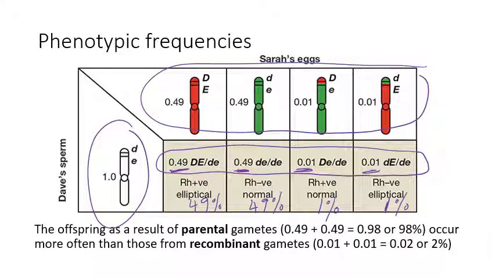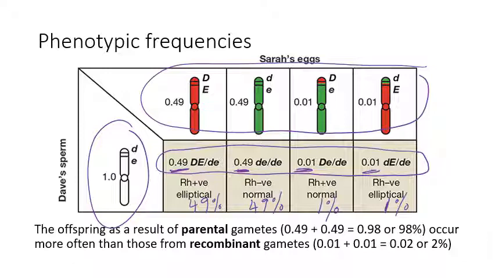So again, if we look at those phenotypic and genotypic ratios, or the percentages of the potential offspring that are being produced, we can see that it's 49 to 49 to 1 to 1, which is very, very far from 1 to 1 to 1 to 1, or very, very far from 25%, 25%, 25%, 25%.